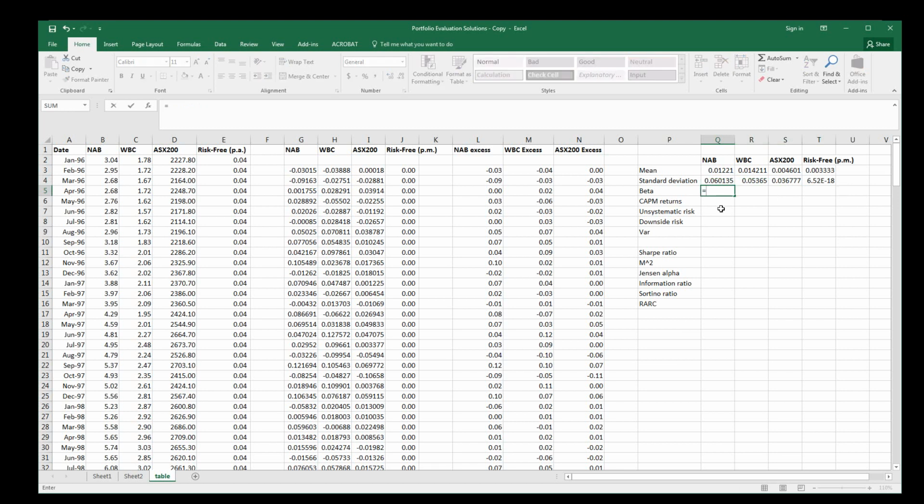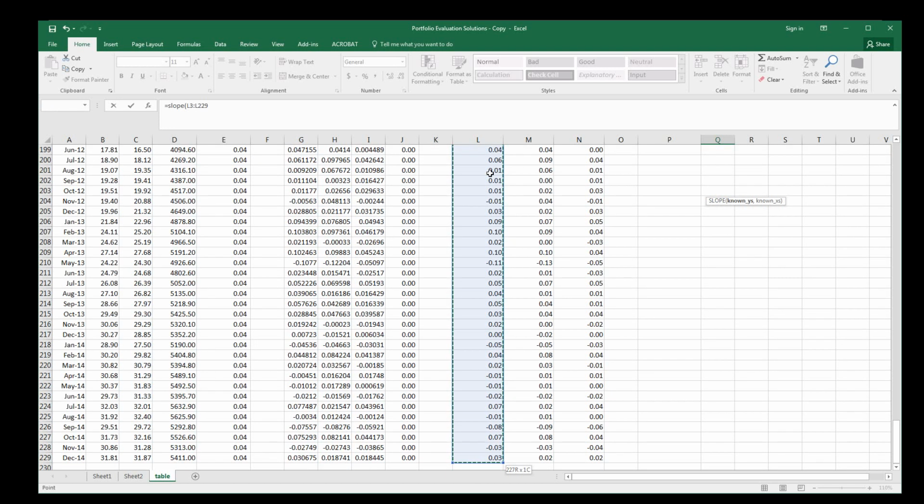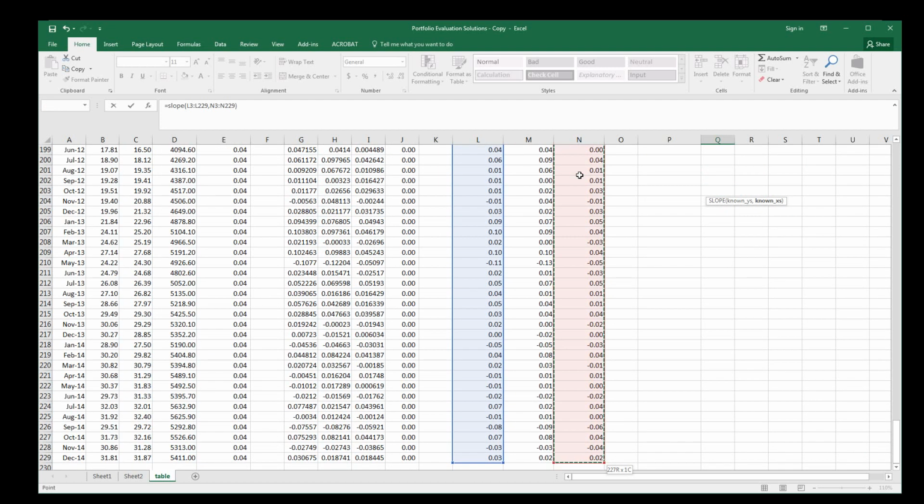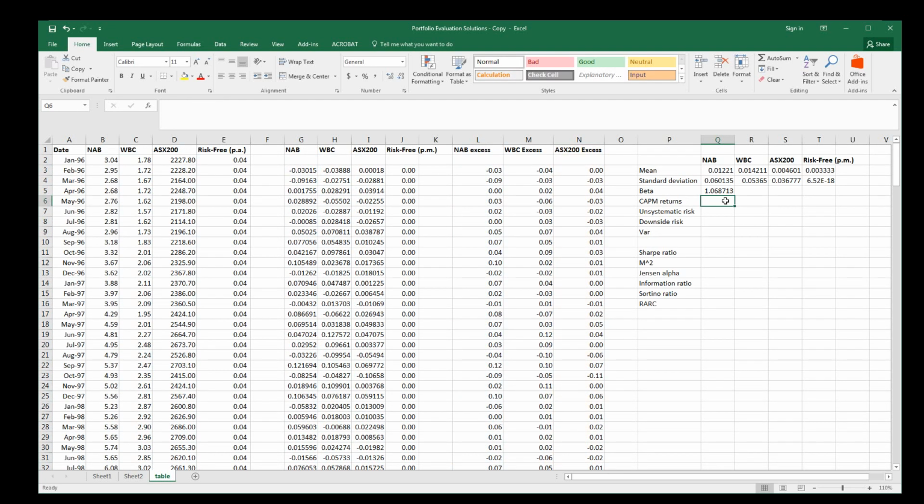For calculating beta, we need the slope function. First of all is the excess return from the individual stock. Then we put a comma. Then the excess return from the market. That's the slope, beta for National Australia Bank.